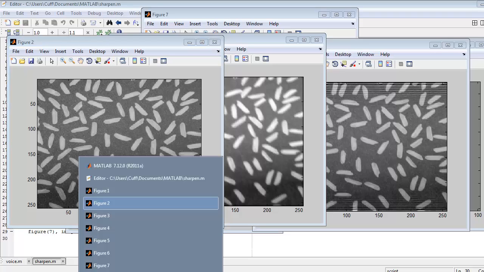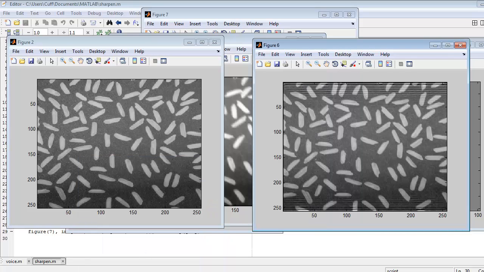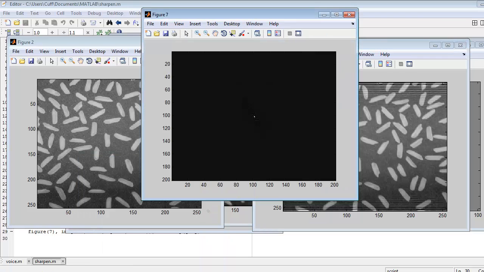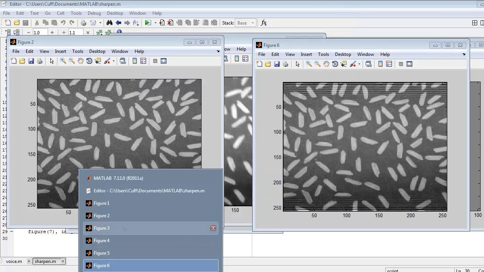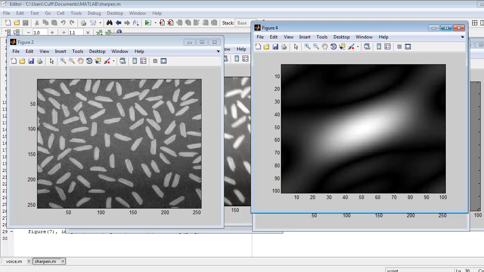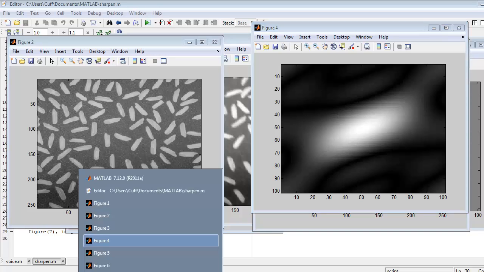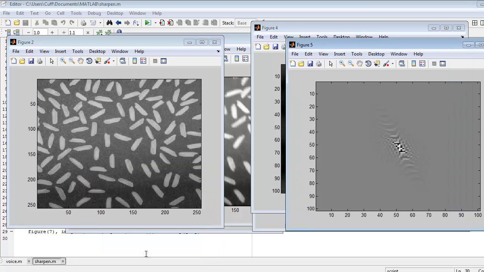If we look back at the impulse response here, which was this one, it's much taller than it is wide, and so that causes more rippling in that direction.